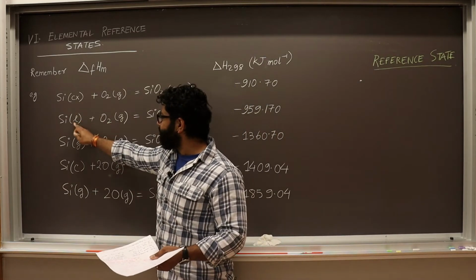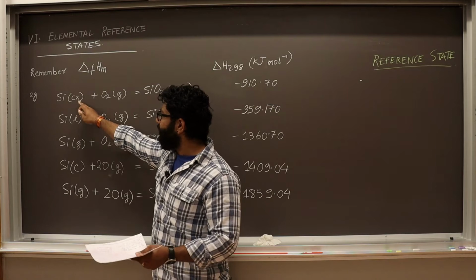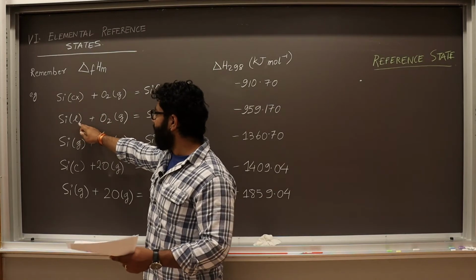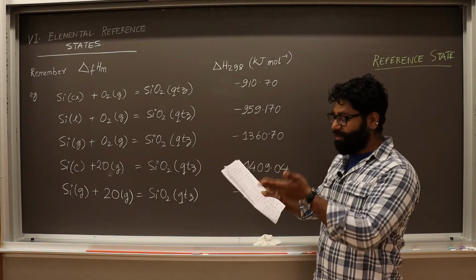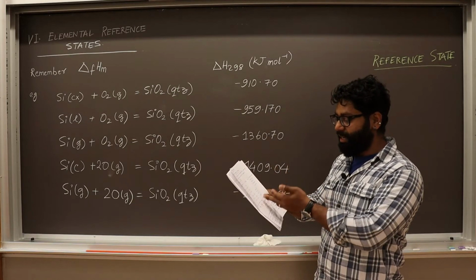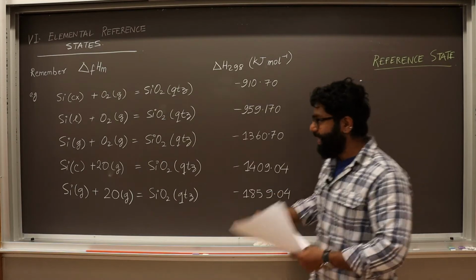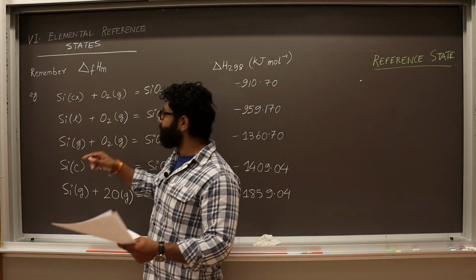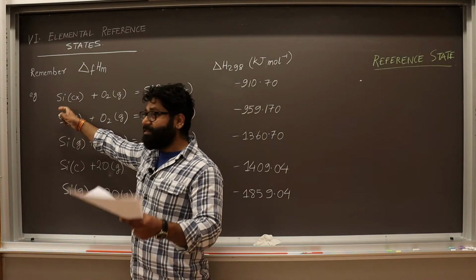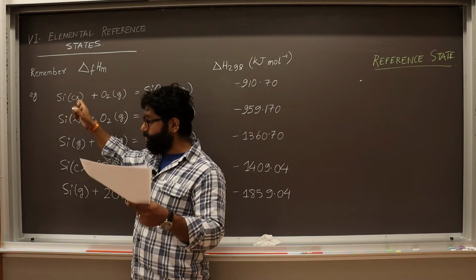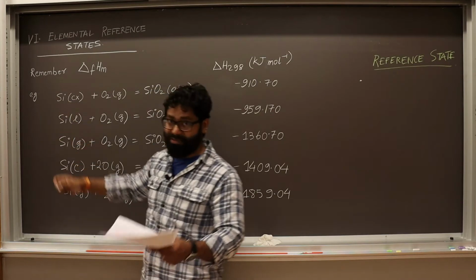Now, there is an energy exchange. You cannot go from silicon crystal to silicon liquid without any energy exchange. Actually, the energy required to convert 1 mole of silicon crystal into 1 mole of silicon liquid is 48.5 kilojoules.